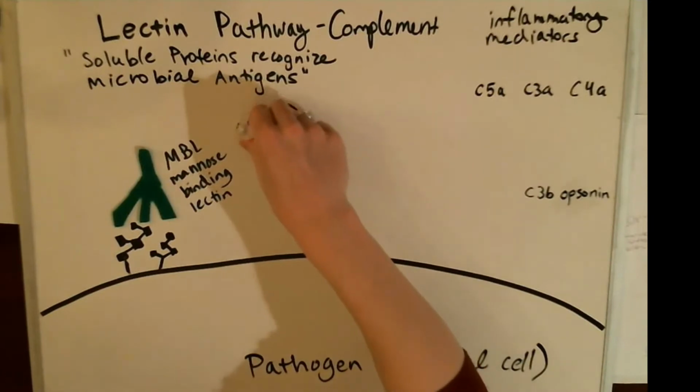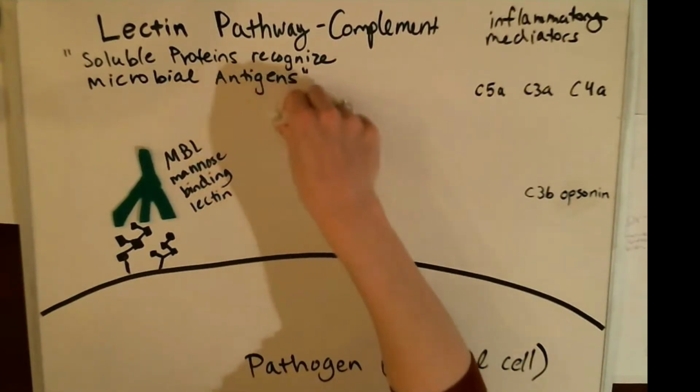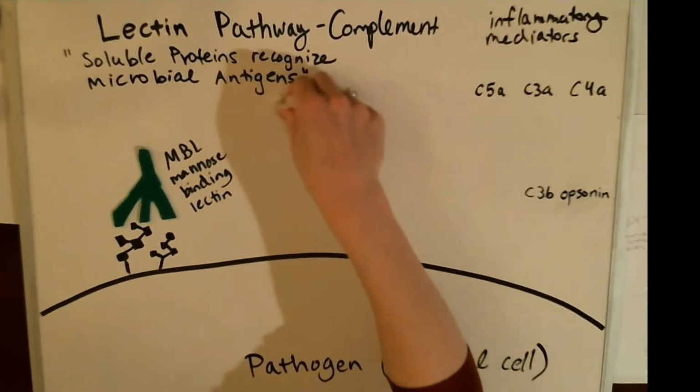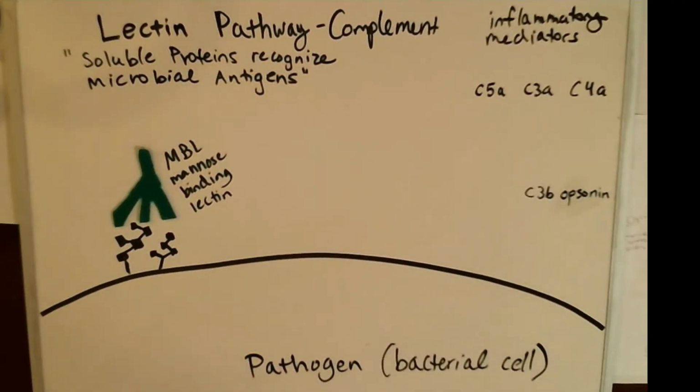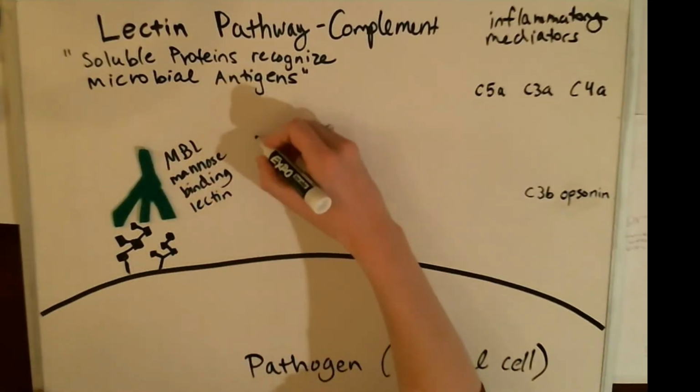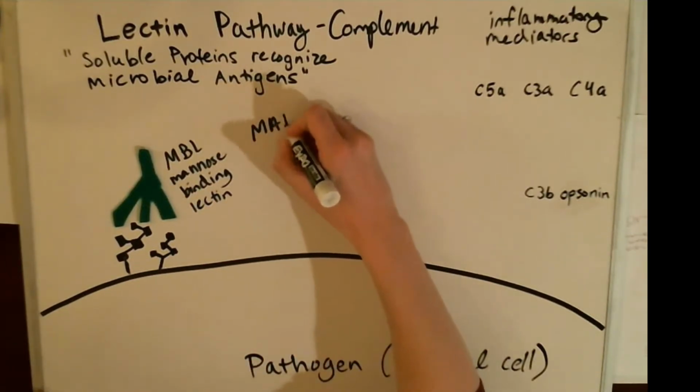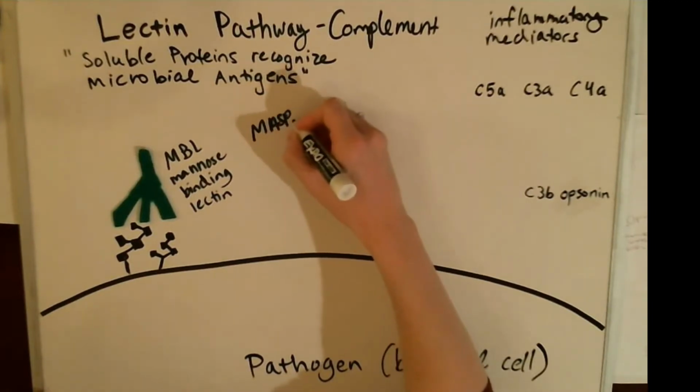So MBL actually associates with serine proteases. You can see it has a very similar function to the C1q-r2-s2 initiator complex in the classical pathway. If you remember, that one associated with C1r and C1s that had serine protease activity. This mannose binding lectin associates with proteins called MASPs, M-A-S-P.